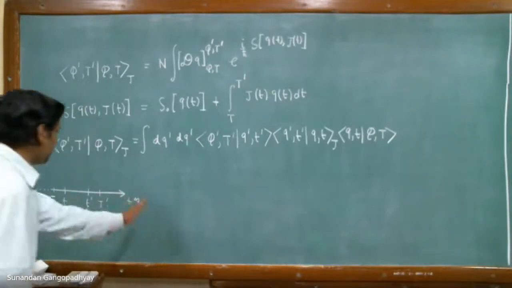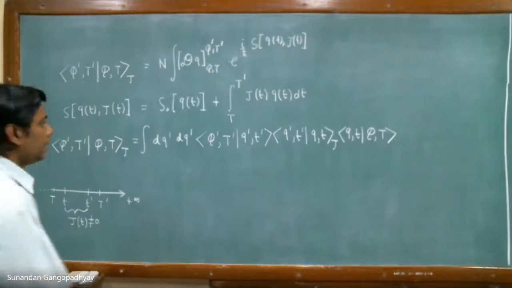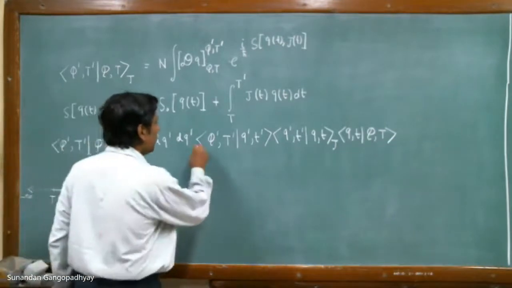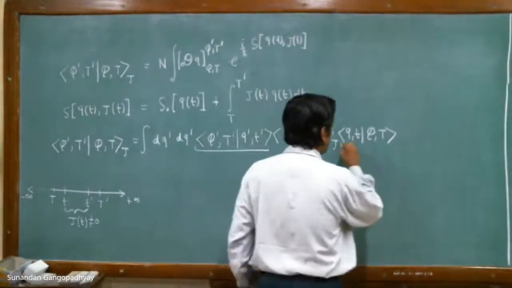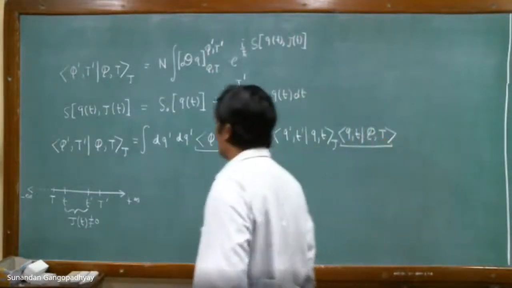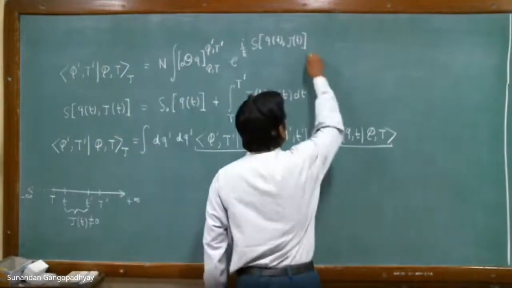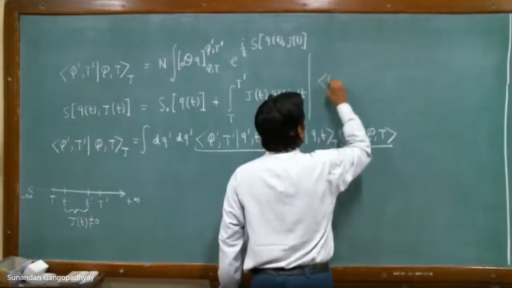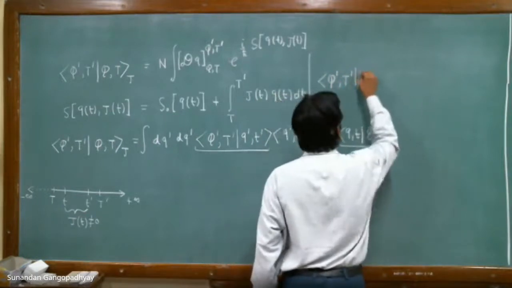This is the time axis. And in the previous lecture, we had calculated expressions for this and expressions for this. And the expression for this, if you remember, the way to calculate this overlap is simple.